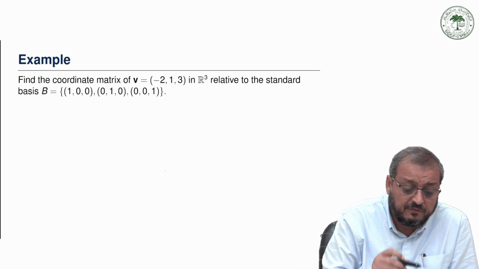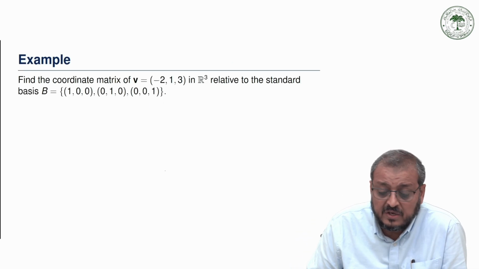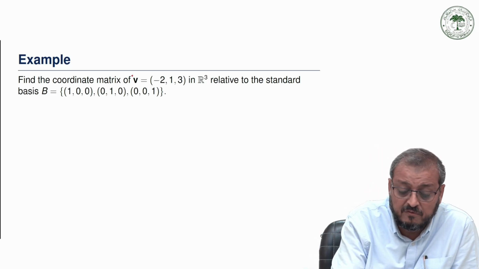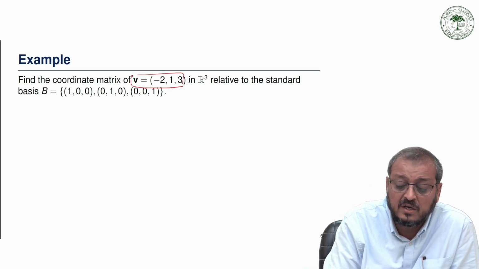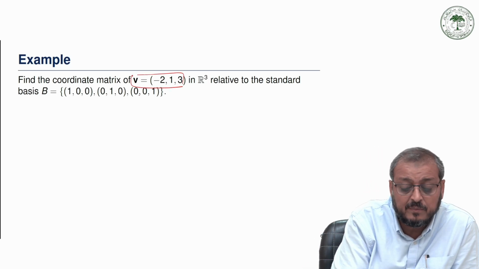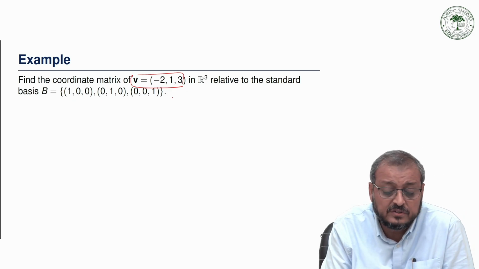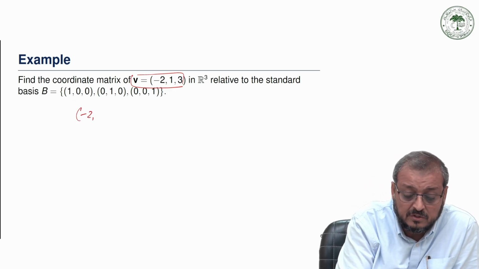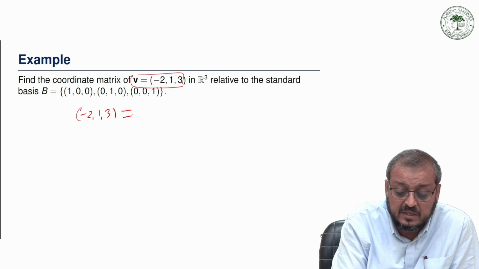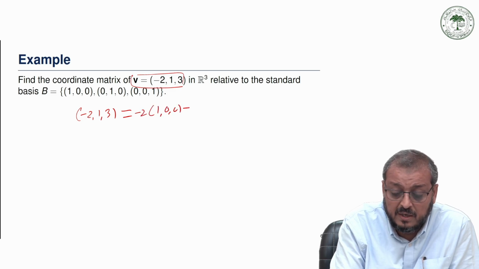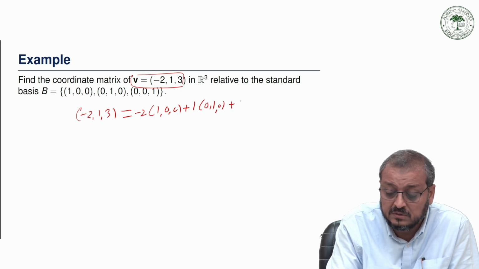Okay, first let's begin with an example. Suppose we have a vector given in R3 relative to the standard basis. Relative to the standard basis, we can say that (-2, 1, 3) is clearly written in the form of -2 times (1, 0, 0) plus 1 times (0, 1, 0) plus 3 times (0, 0, 1).